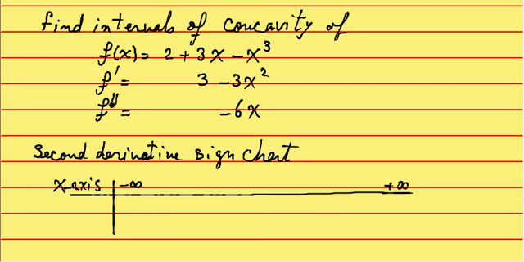I want to know when is this thing positive or negative. So I go ahead, find all critical points of it. I set second derivative equal to 0 and find the roots. The root is simply x equal to 0. If I had more than this, I line them up. If there was a point at which the second derivative was not defined, I also include it here. Here I write the second derivative. Second derivative is minus 6x.